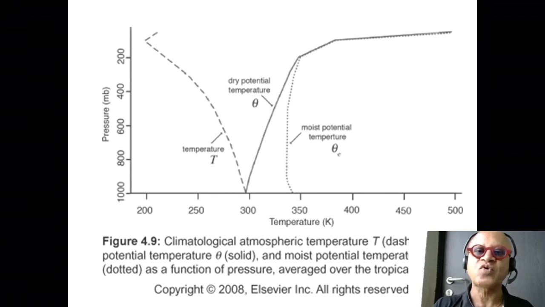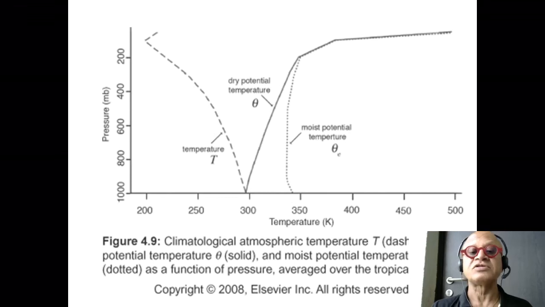So we need conserved quantities for making life simple and trying to track things. If things are not conserved, then obviously it's not easy to understand the processes, solve the processes, predict the processes, and so on and so forth. It turns out to be very simple. If you take an air parcel at any pressure and bring it down to a reference pressure, let's say the pressure at the surface, then what would be its temperature?